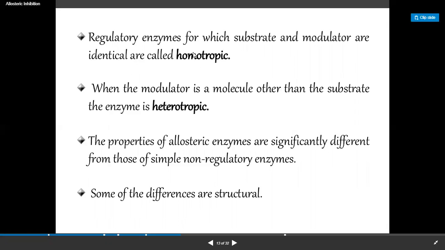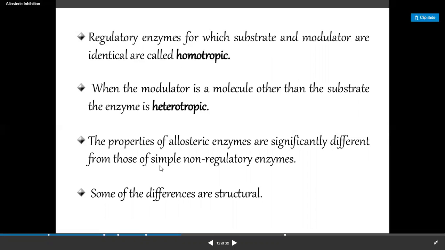What are modulators? Modulators are mediators which conduct the production of product from the enzyme-substrate complex. When the modulator is a molecule other than the substrate, it is called heterotropic. So if a modulator is similar to the substrate, it is called homotropic, but if a modulator is other than a substrate, it is called heterotropic.